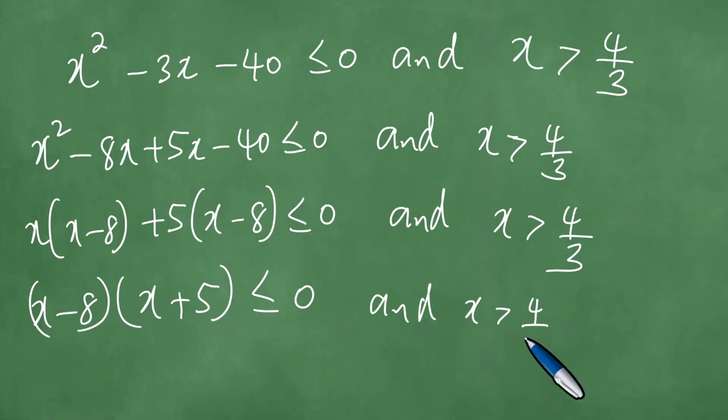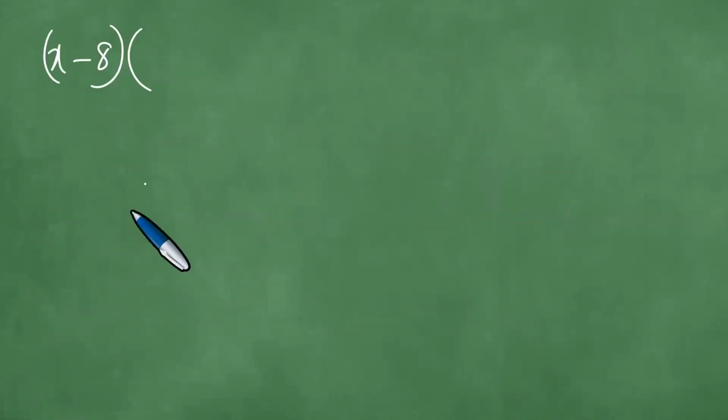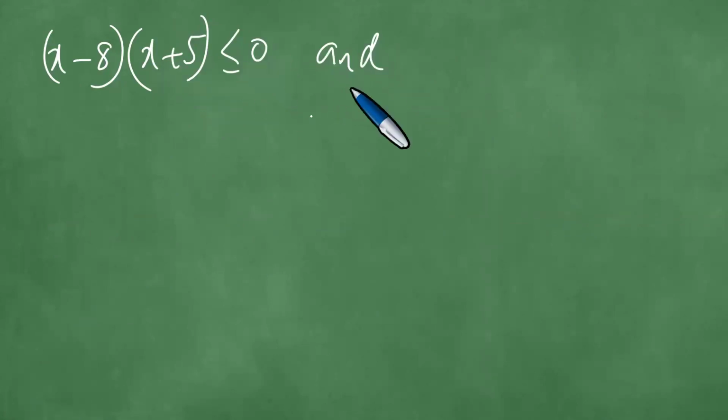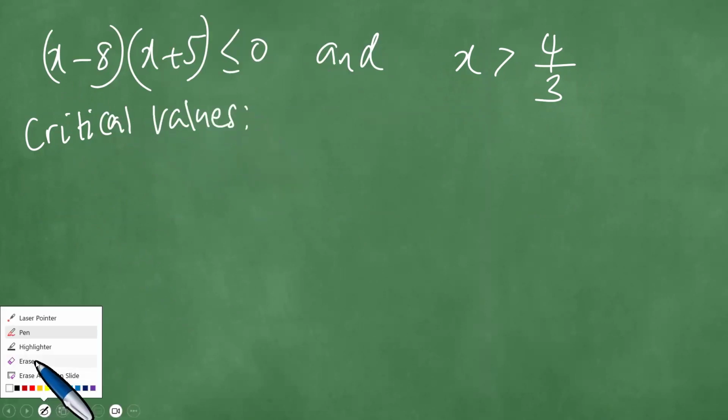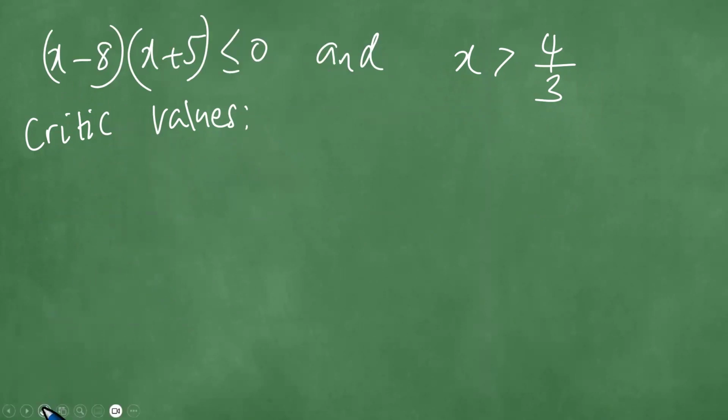Upon careful examination, we have (x minus 8) multiplied by (x plus 5) is less or equal to 0, and x is bigger than 4 out of 3. We focus on this particular inequality, getting what we call the critical values.